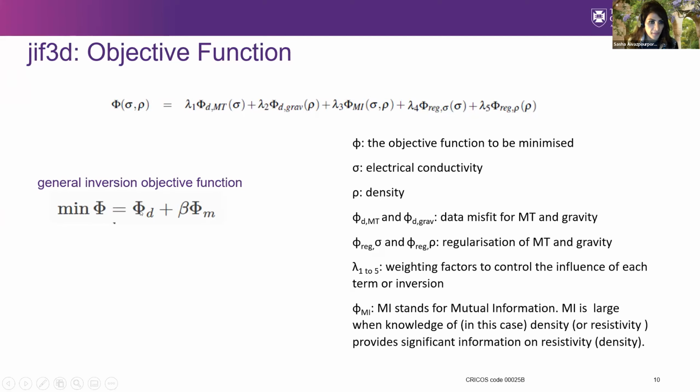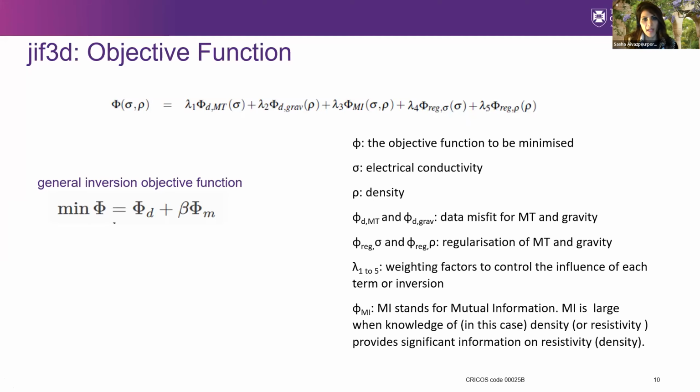You have a misfit function for your data, you have your trade-off parameter, and then you would have basically your model function, and you're trying to minimize this to get the inversion going.